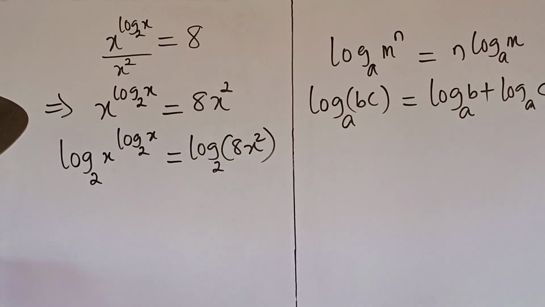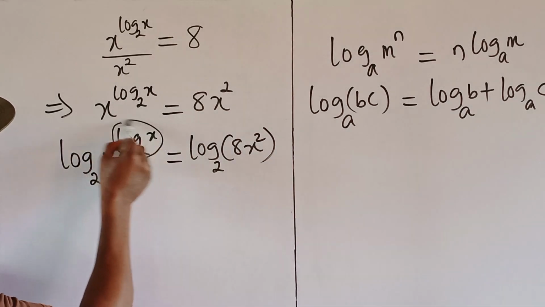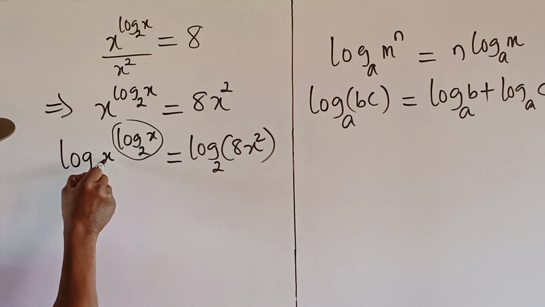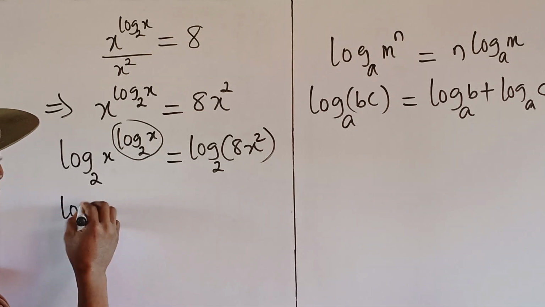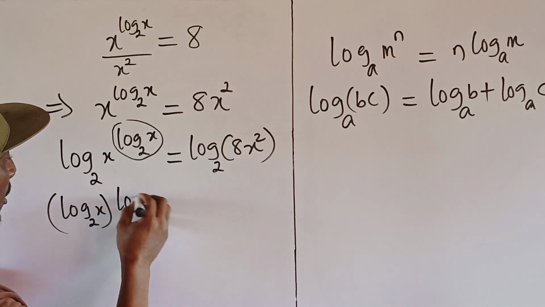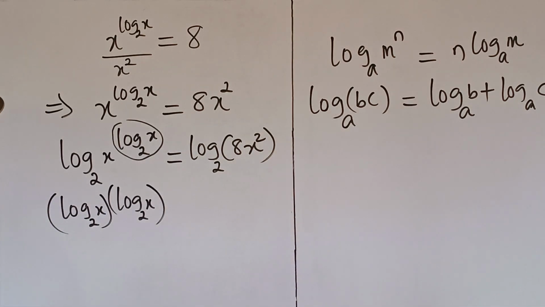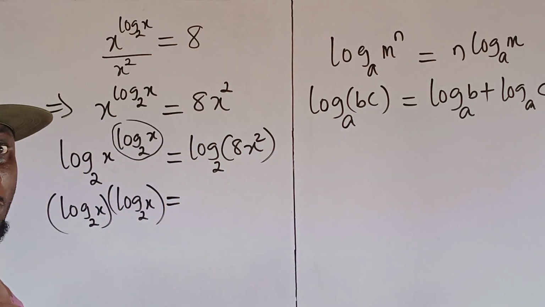So on the left, log to the base of 2 of the argument x, as indicated here, is the exponent to this argument x. So I can then write log to the base of 2 of the argument x multiply log to base 2 of the argument x. Then on the right hand side, I shall split it with this multiplication slash addition rule of logarithm.